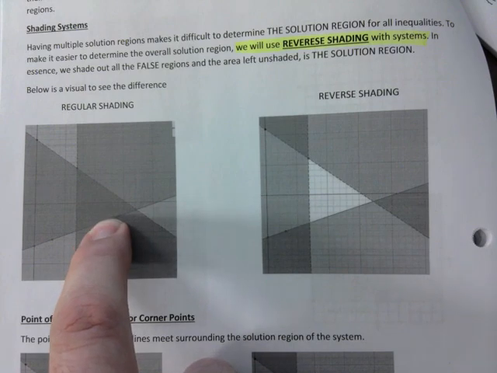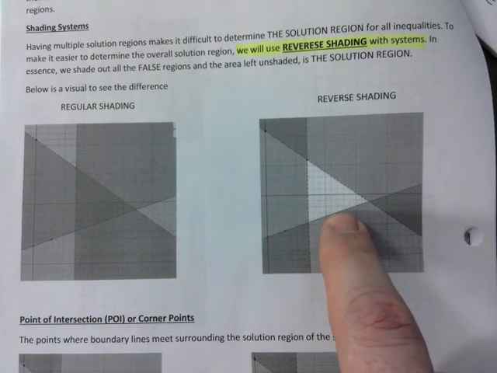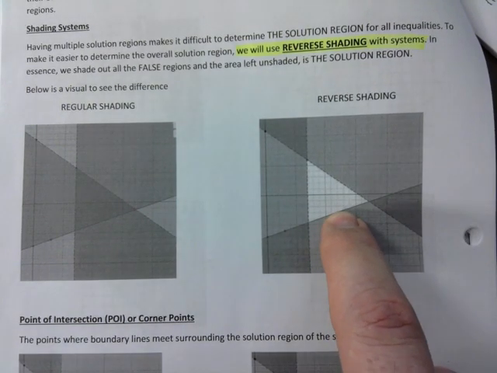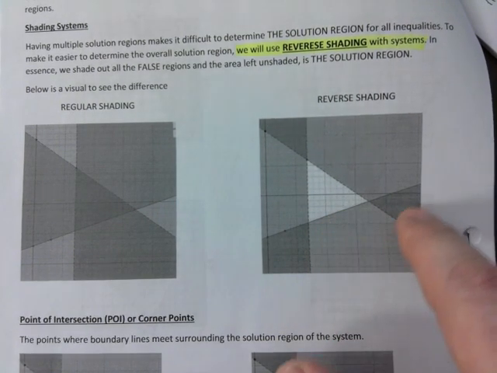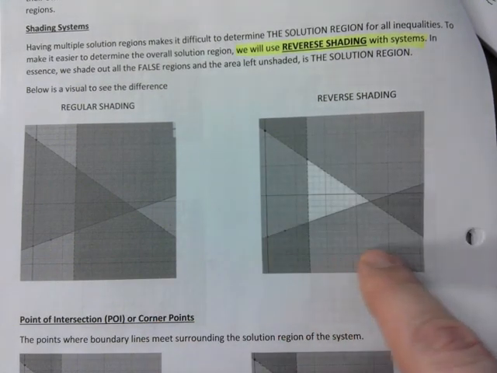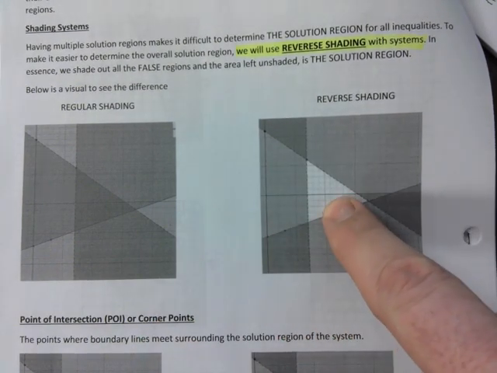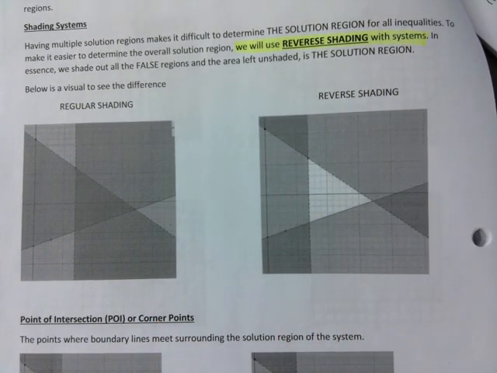Okay. So that's why I use reverse shading, because what ends up happening if you shade all the false regions, you end up with your solution region being the one that they all share, the one that's not shaded. So it's super easy. It's like, this is it, right? So that's why I use reverse shading.